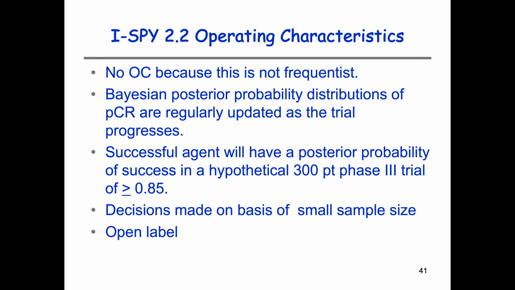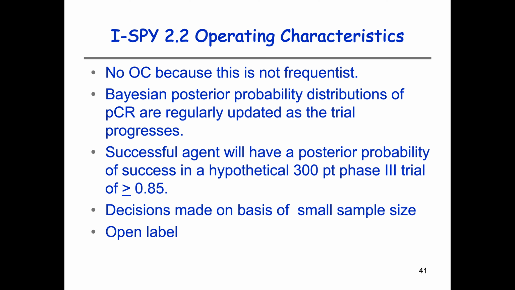Well, what about the I-SPY 2.2 operating characteristics? Well, there are no operating characteristics because this is not a frequentist trial. Bayesian posterior probability distributions of PCR are regularly updated as the trial progresses. Again, a successful agent will have a posterior probability of success in a hypothetical 300-patient phase 3 trial of greater than or equal to 0.85.